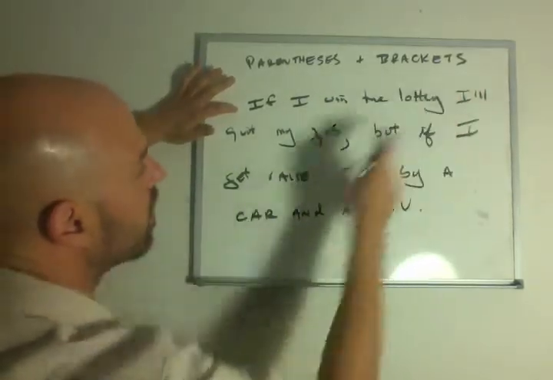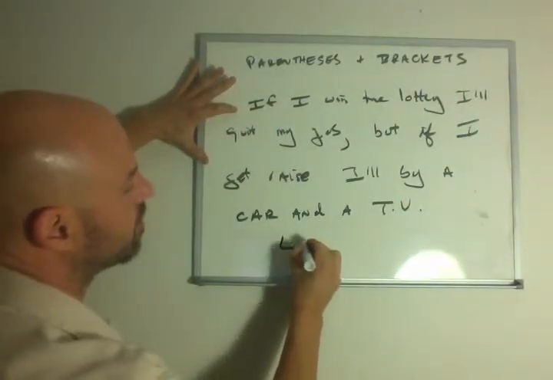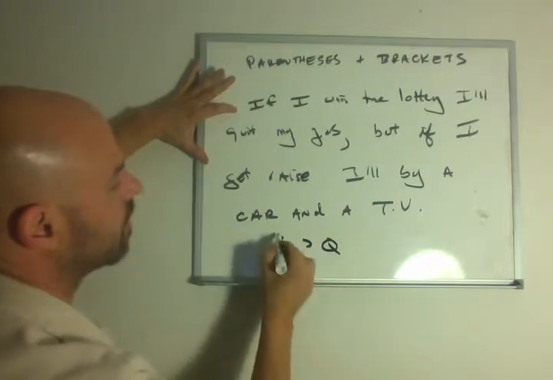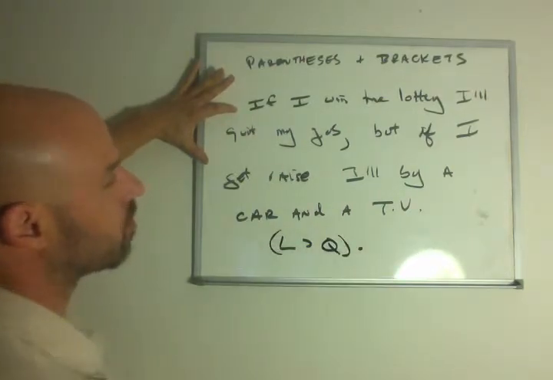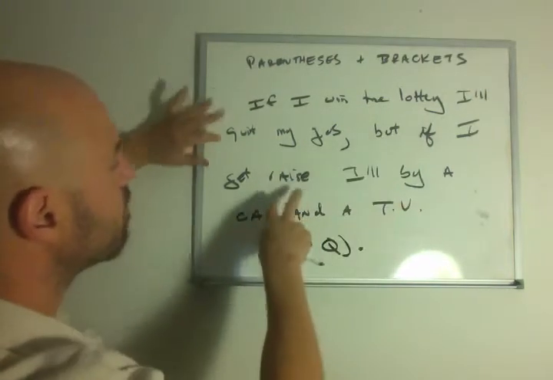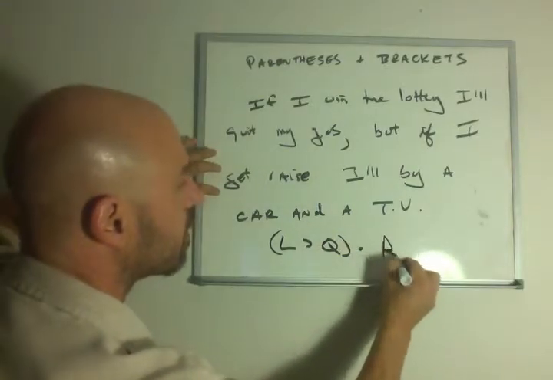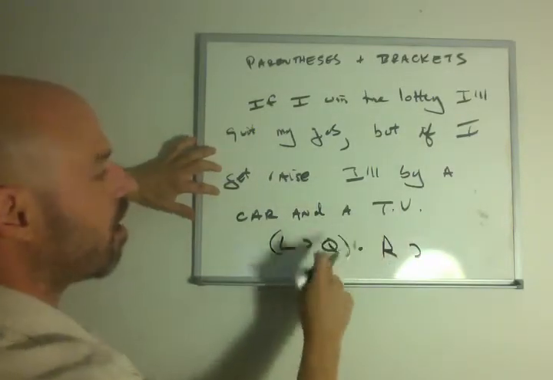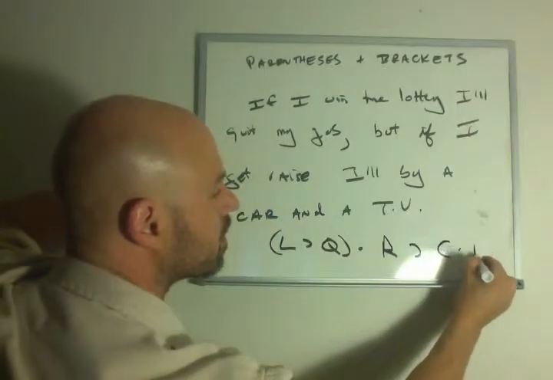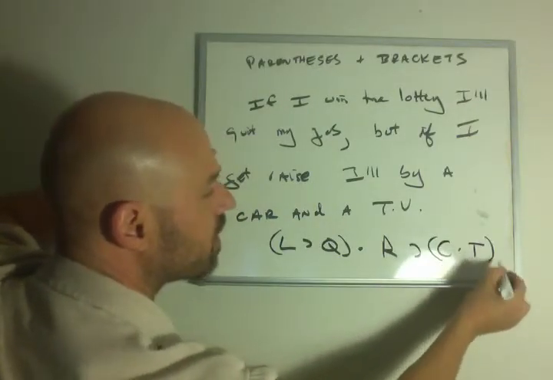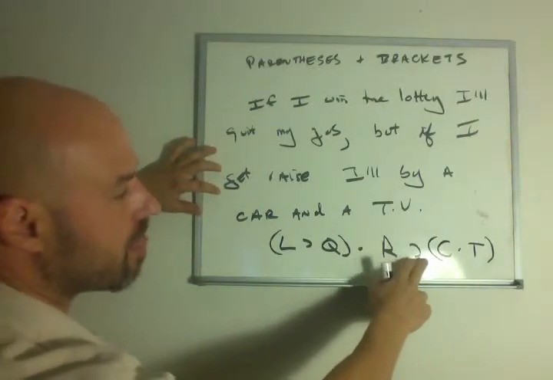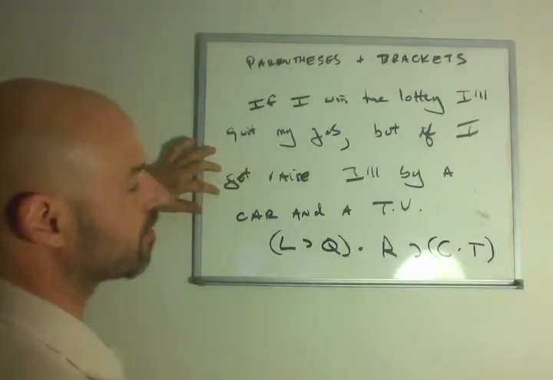Well, if I win the lottery, I'll quit my job. Okay. But, in other words, and, if I get a raise, then I'll buy a car and a TV. Right? That's what we're trying to say here. If I get a raise, then I'll buy a car and a TV. Okay?